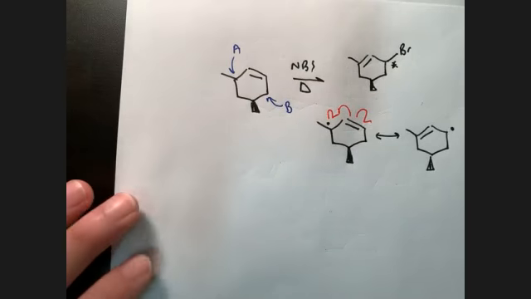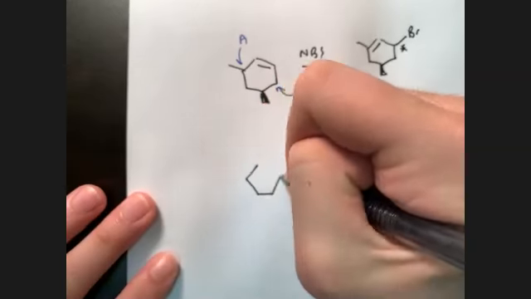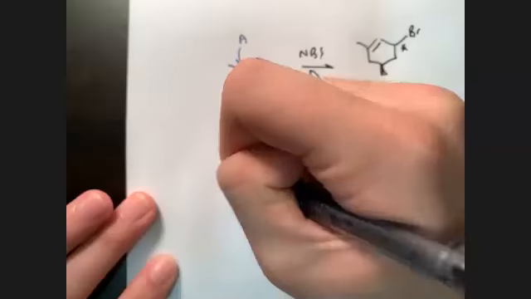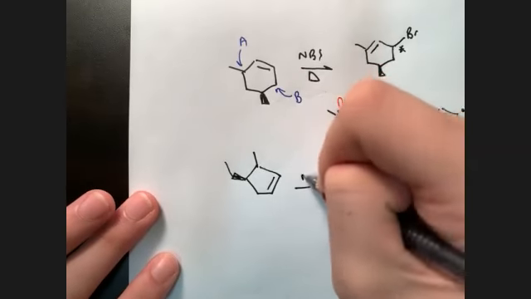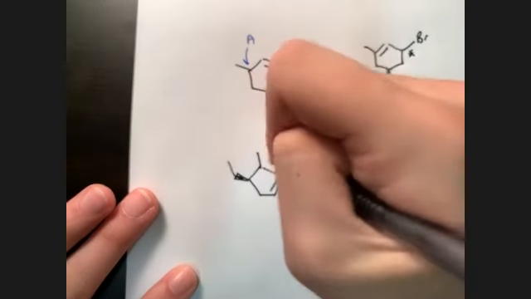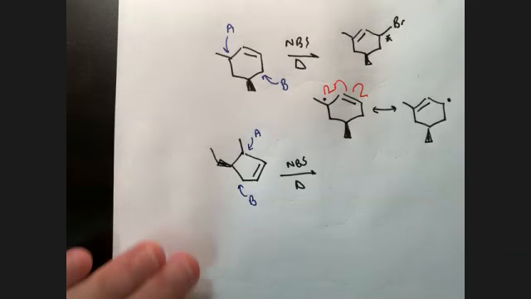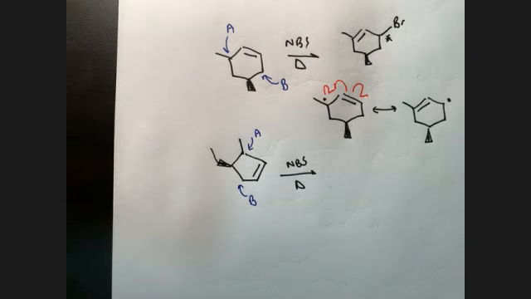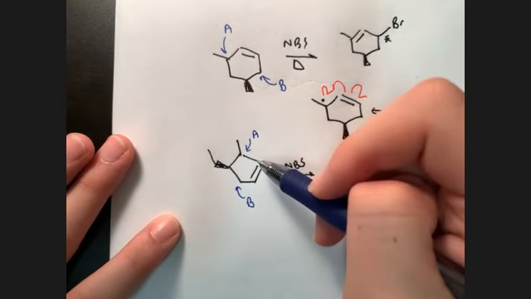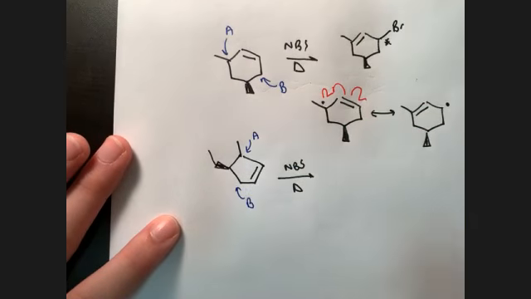So like the same exact thing happens here, like in L, I believe. So there's an obvious one and a non-obvious one. So NBS and heat. Okay, so 2 allylic positions. Here, A, and here, B. Again, there's a very obvious one and not obvious one. It's A. A is obvious because like you can resonate to the right and go from di-substituted to tri-substituted. But if you were to resonate down to B, then it's di-substituted to di-substituted again. Stupid, okay?